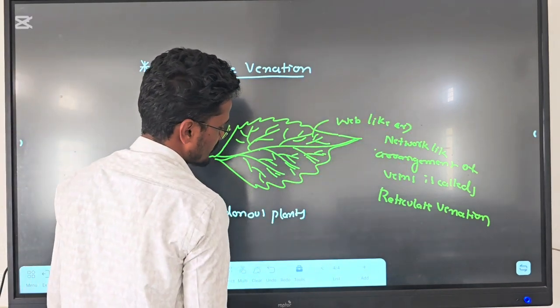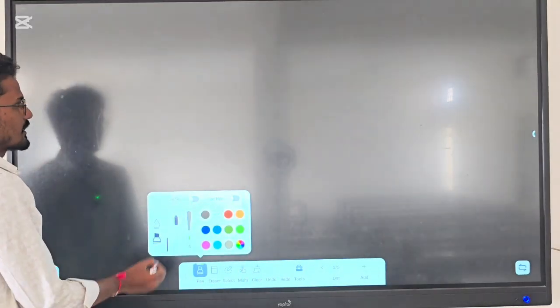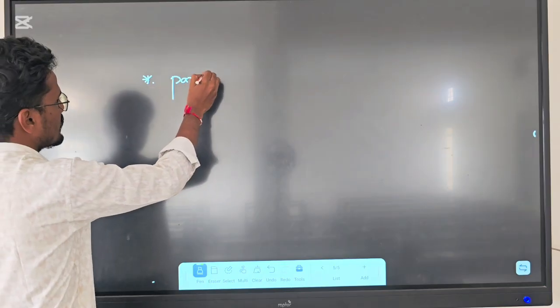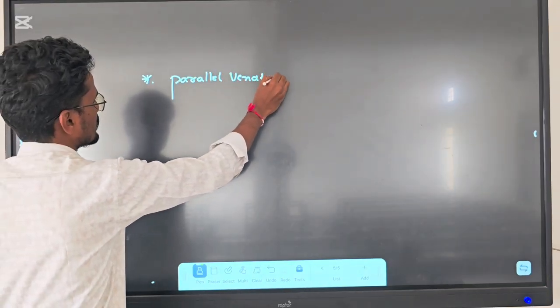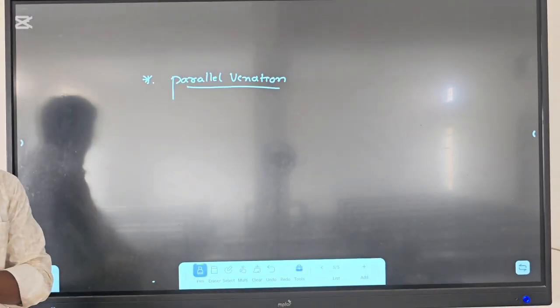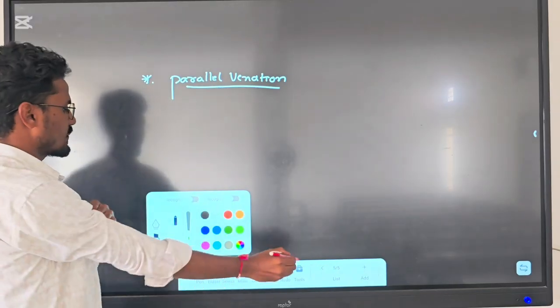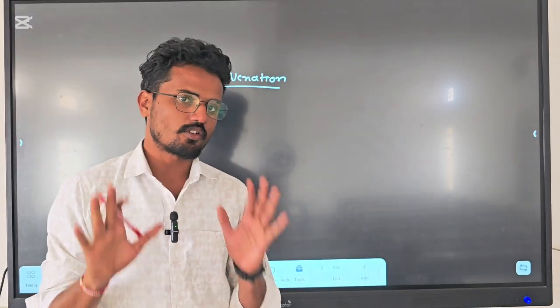Next, we'll understand another type of venation, called parallel venation. What does parallel venation mean? As we studied, in reticulate venation the veins form a network-like structure on the lamina.